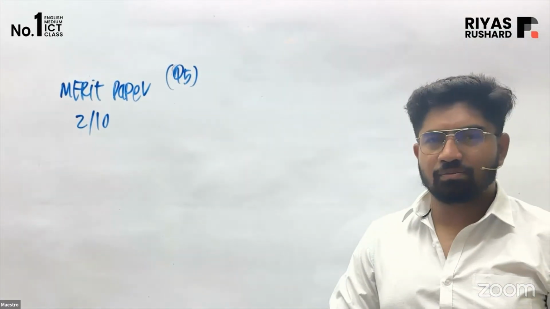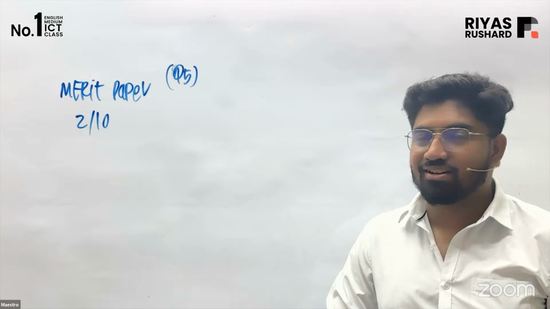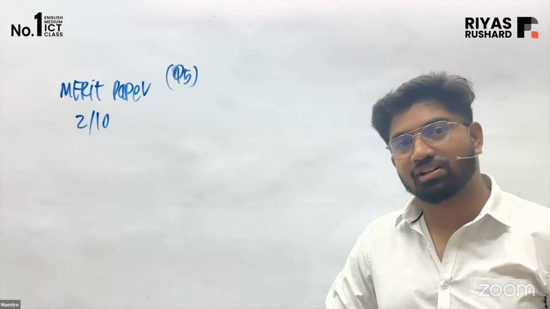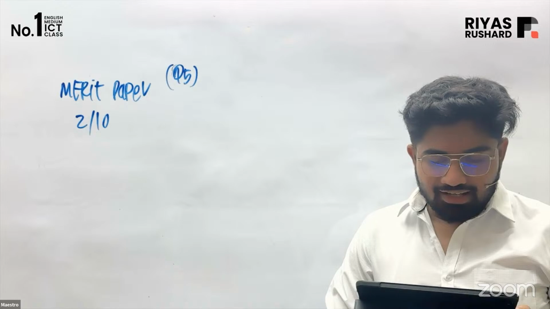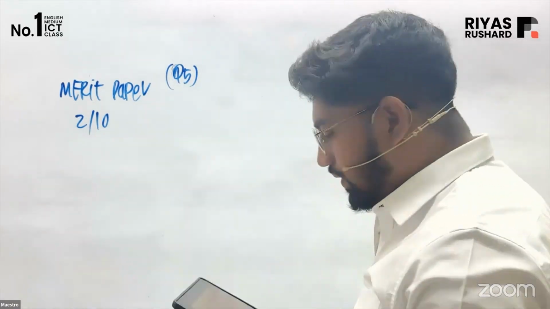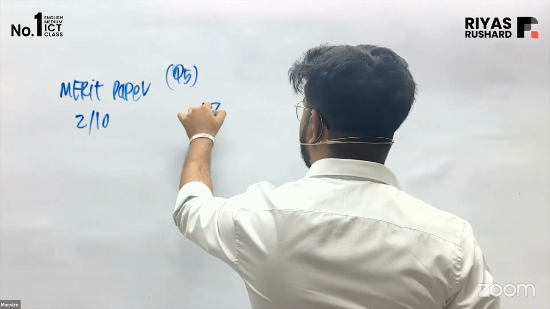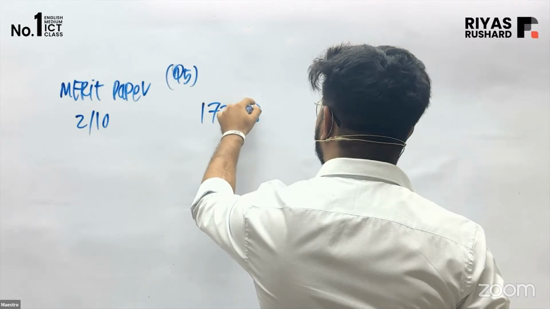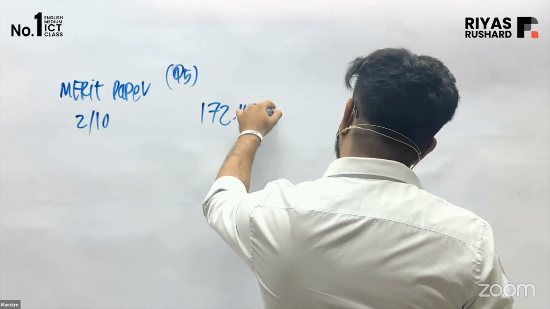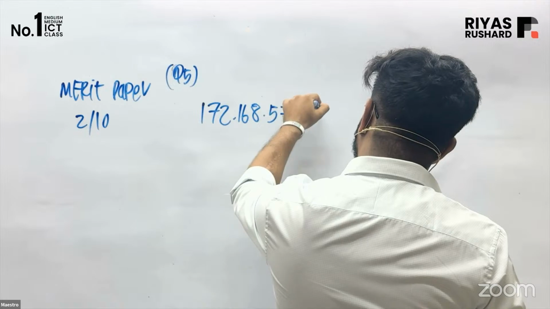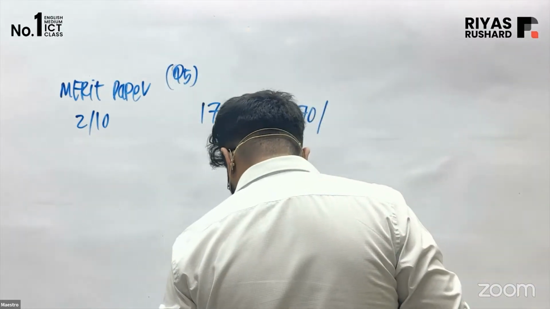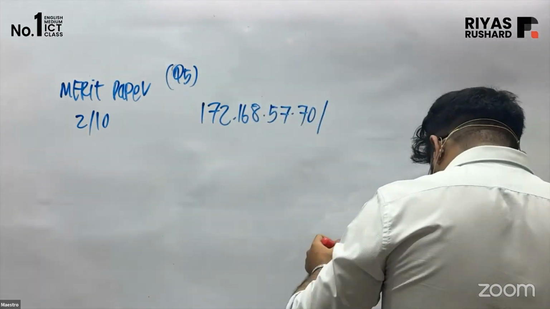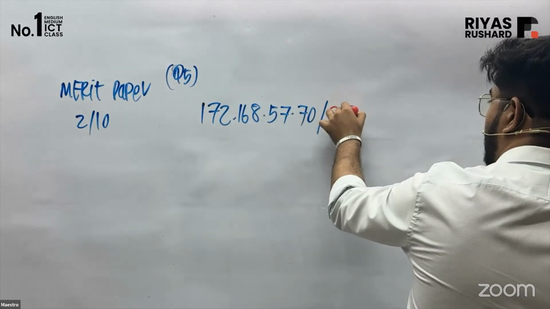Okay, but then for the physical class subject, this is the online paper. 172.168.57.70/22.